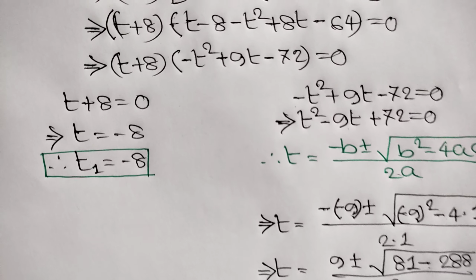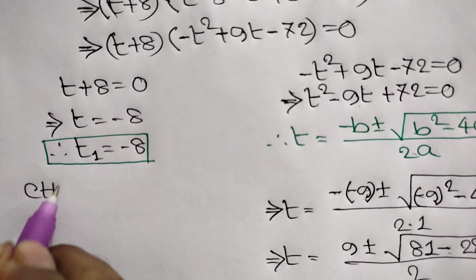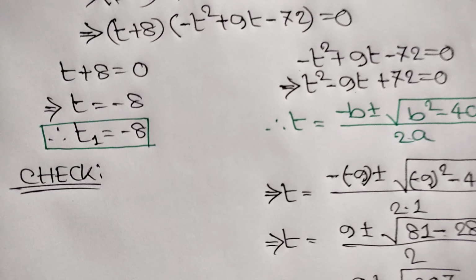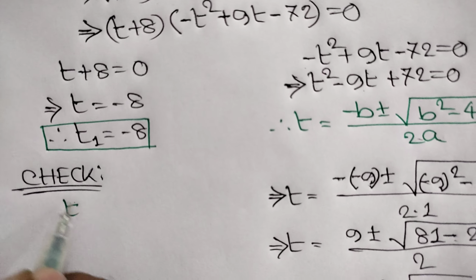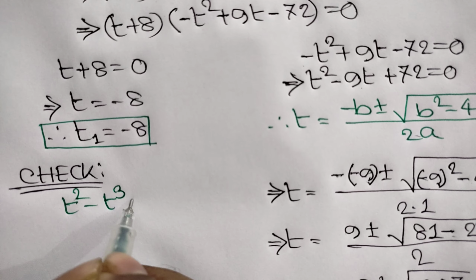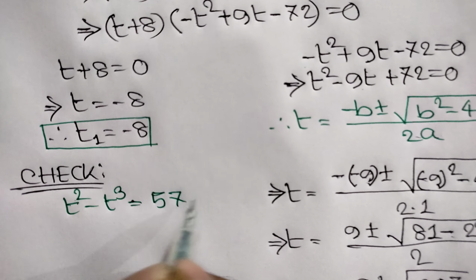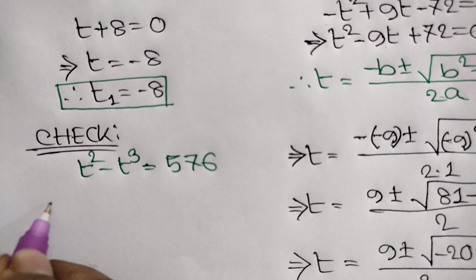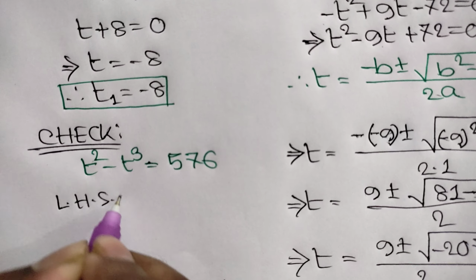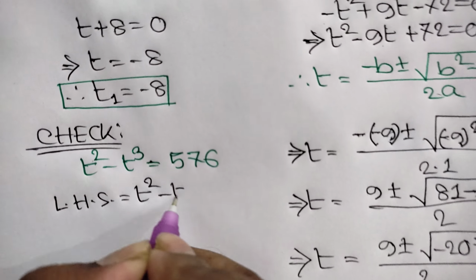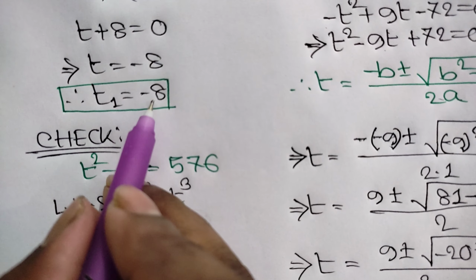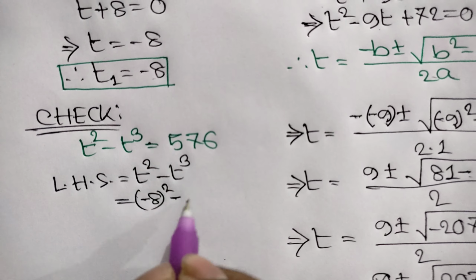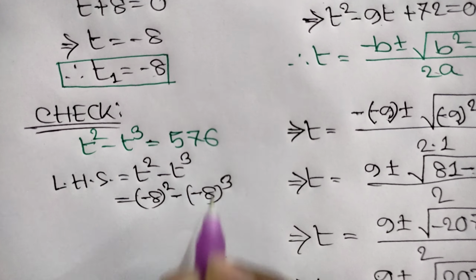Okay, now check. Our equation is t square minus t cube is equal to 576. Here the left hand side is equal to t square minus t cube. Here t is equal to negative 8, so we can write negative 8 square minus negative 8 cube.